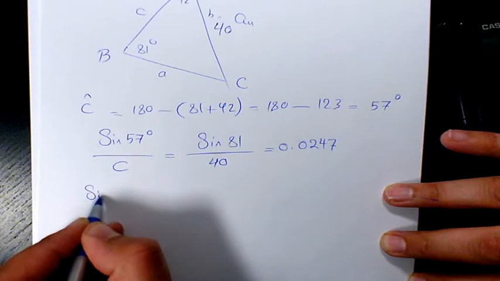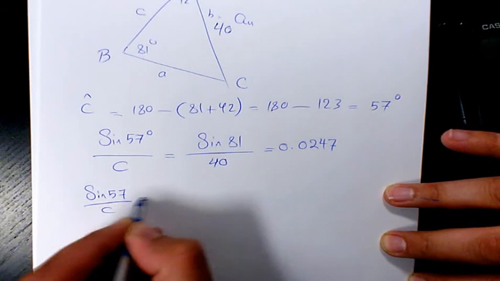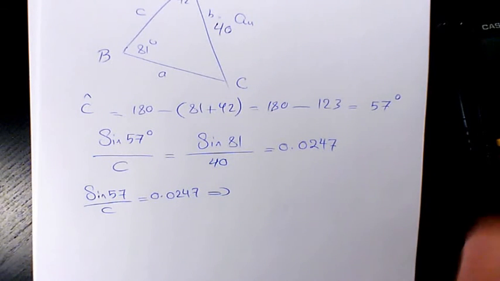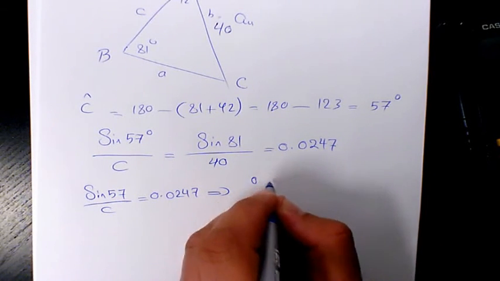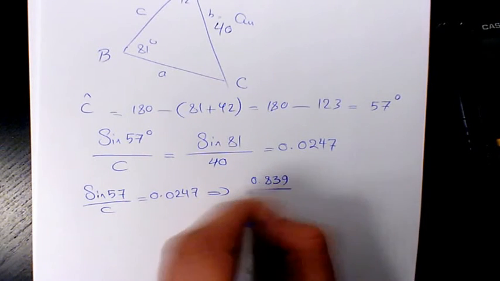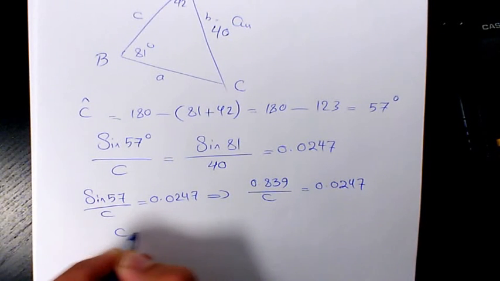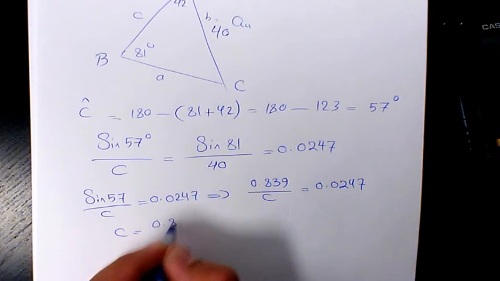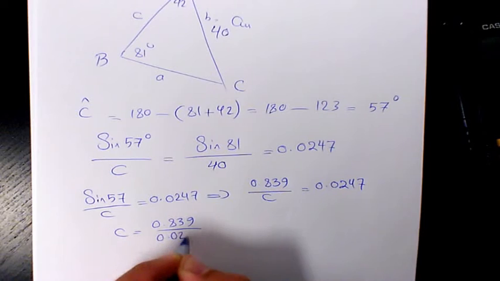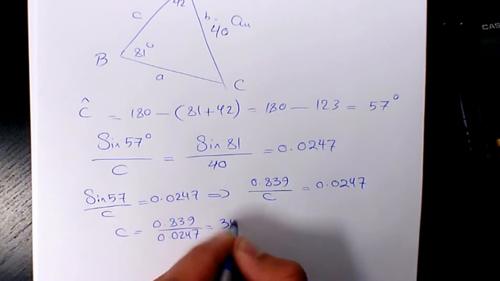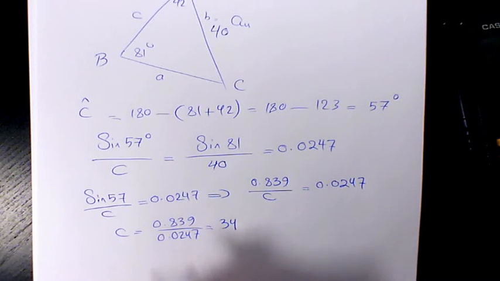So sine 57 over c equals to 0.0247. Sine 57 is 0.839 over c equals to 0.0247. So c will be 0.839 over 0.0247. That's going to be almost 34 centimeter.